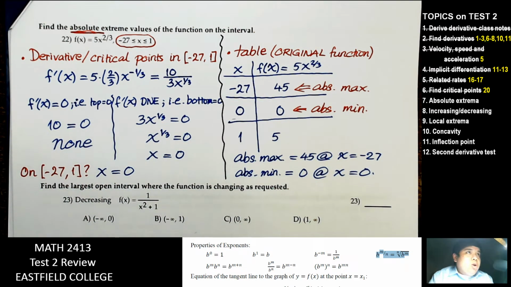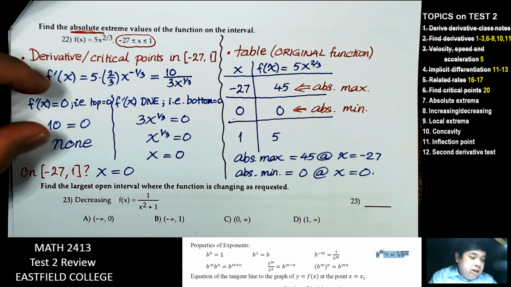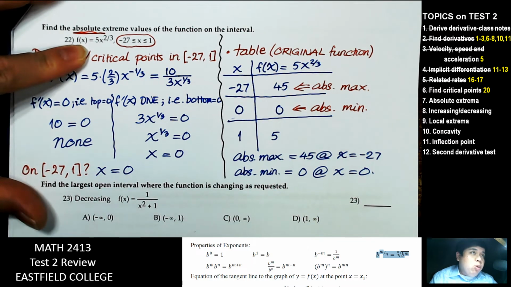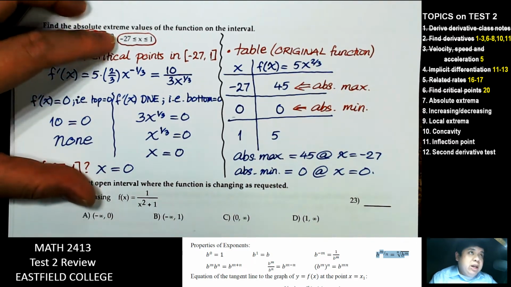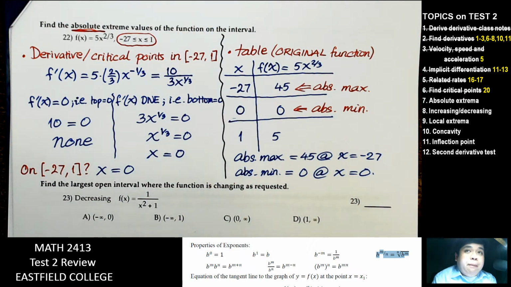Right, so that is an absolute max and absolute min problem. Take the derivative, find the critical points. The critical points should be in the interval, and then we just put them in the table.